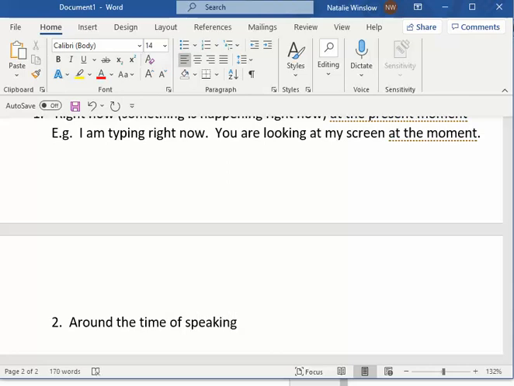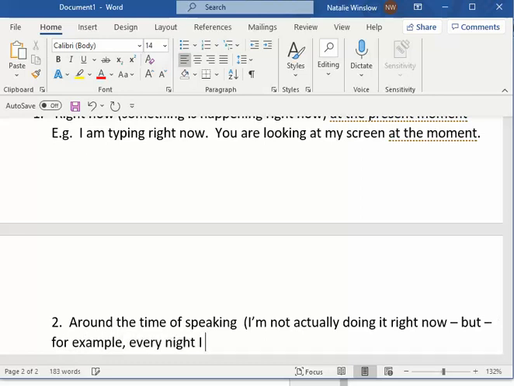Okay, so let me explain that because you might not understand completely. What it means is I'm not actually doing it right now. But, for example, every night I read a book before I go to bed, right?